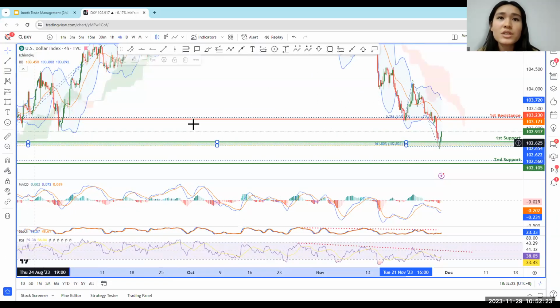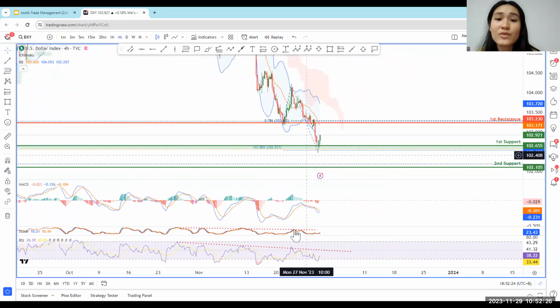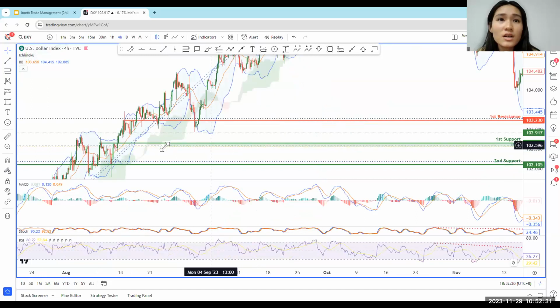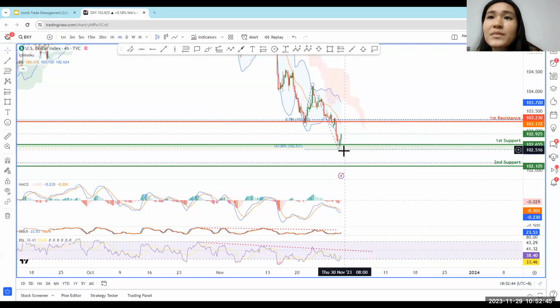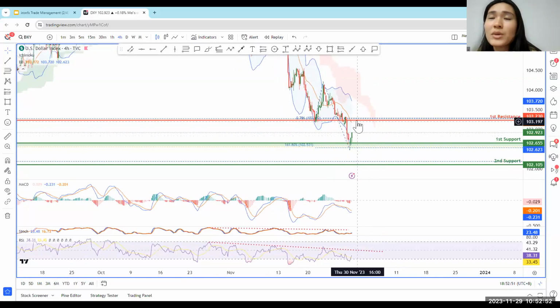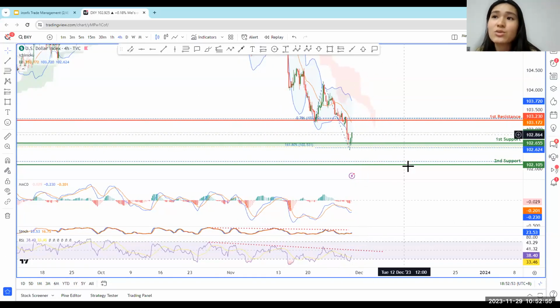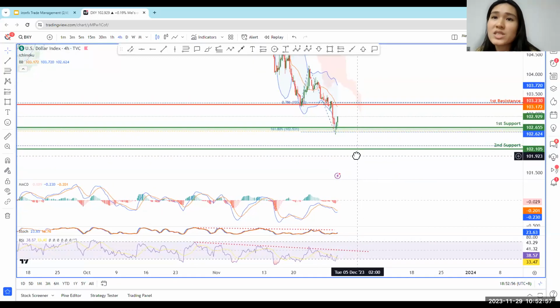We also have two Fibonacci levels, which means that it's a confluence area, which typically would have a bit of resistance in that area. So we are seeing price bounce off of this level. But because of all the downward pressure, we would expect it to continue downwards towards our second support.